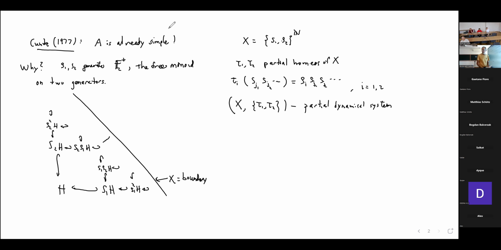Why is it called a partial homeomorphism? Because these are not homeomorphisms of X. For example, tau sub i has domain all of X, but its range is only half of X.